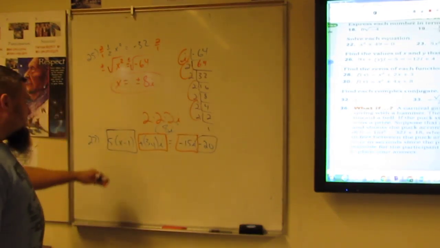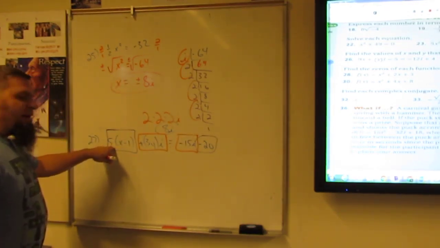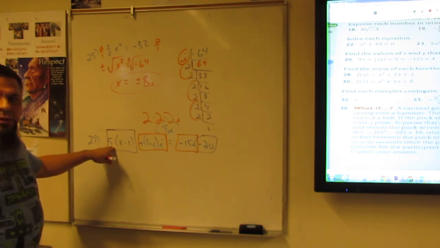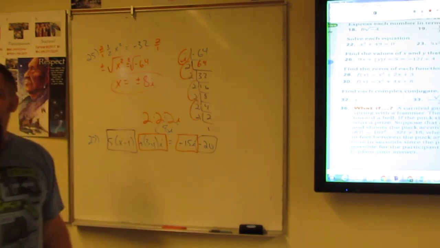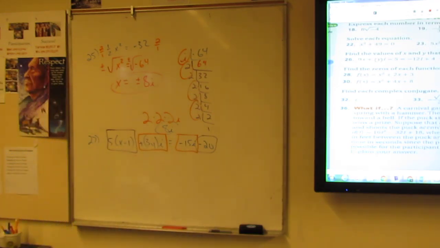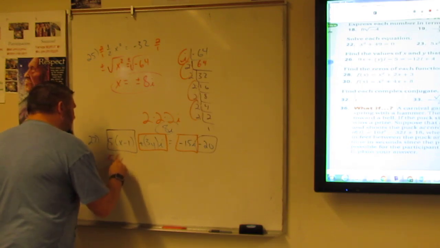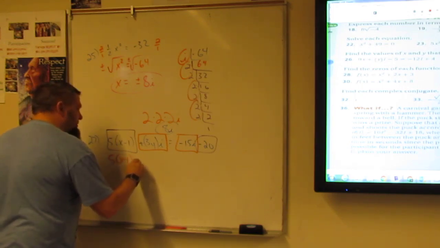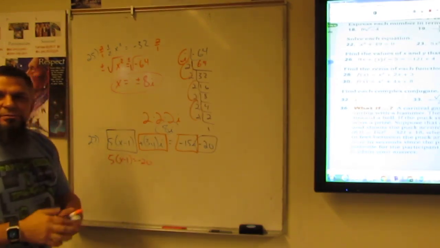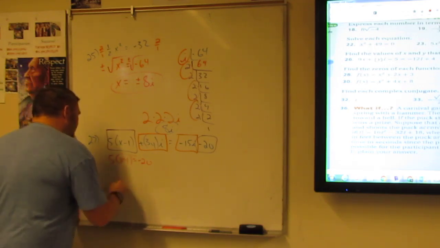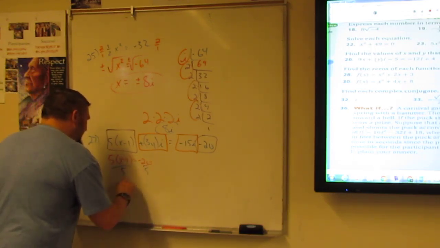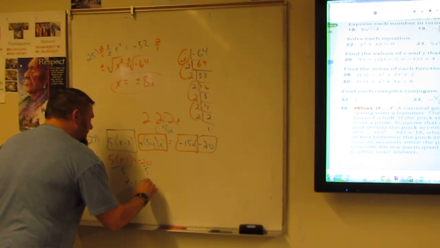So in other words, what does 5 have to multiply against in order to get negative 20? What do I multiply 5 by to get negative 20? So if you want, you can go, okay, 5 times x minus 1 is equal to negative 20, and then solve. Right? So you divide by 5, we get x minus 1 is equal to negative 4.